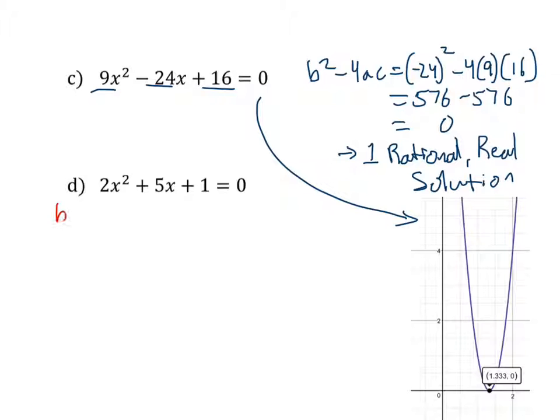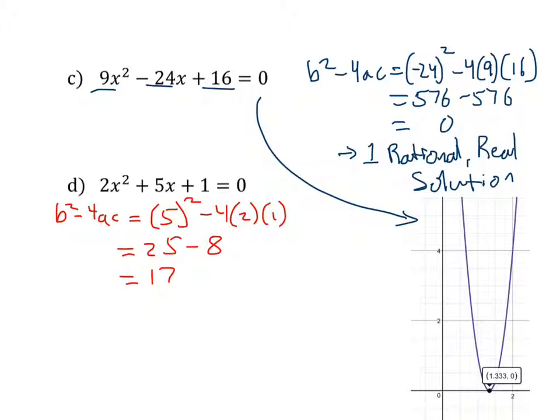We've got b squared minus 4ac. That's our discriminant from underneath the radical in the quadratic formula. 5 squared minus 4 times 2 times 1. And that's going to be 25 minus 4 times 2, that's 8. So that's going to be a 17. That's not a perfect square.